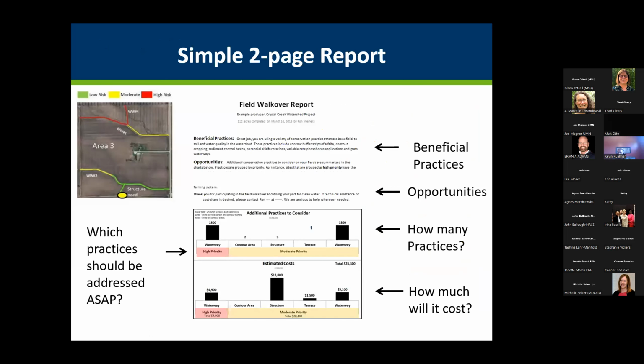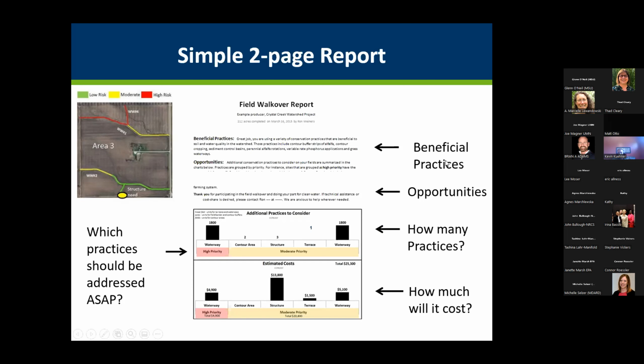A lot of the feedback that we got when we tested this out with some of the farmers was to try to keep it as simple as possible. A lot of the farmers really relied on the input from Ron and his technical experience and background. But it was also nice that they got a really simple 2-page summary of what was found during that walkover approach.